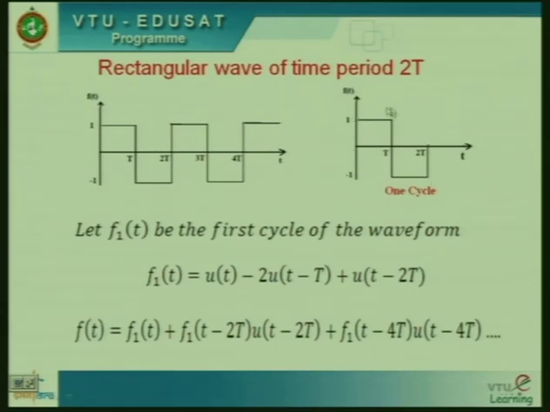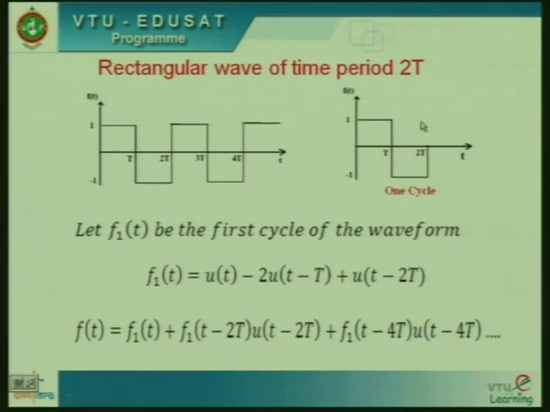This first cycle of the periodic waveform can be synthesized by having a unit step function, that is u of t, and at t equal to capital T, at this time instant, I can add a step function having a magnitude of minus 2. Till 0 to T, the magnitude of the function is 1. Afterwards, I am adding another step function whose magnitude is minus 2.